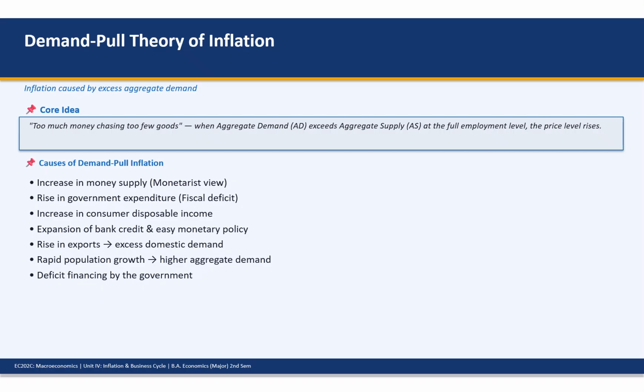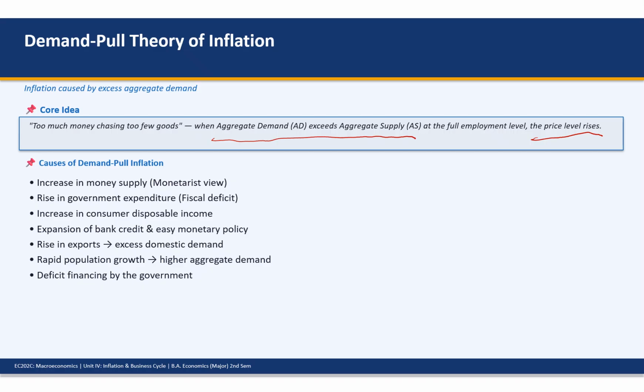Now, the core idea is that if aggregate demand exceeds aggregate supply at the full employment level, the economy cannot produce more real output. So the extra demand only pushes up the general price level. This is why demand pull inflation is often called inflation caused by demand pressure.